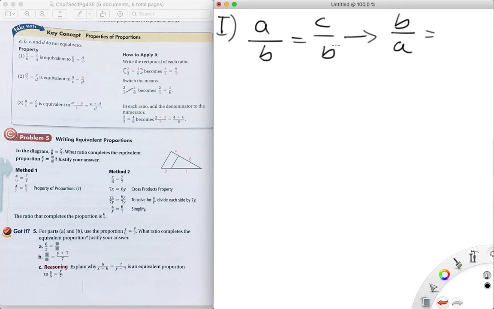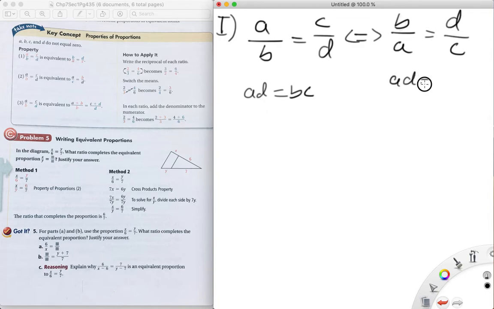D is going to be on top, C is going to be on the bottom. These guys are equivalent expressions. They're the same. If I cross multiply this guy over here, I get AD equals BC. If I cross multiply over here, I get AD equals BC. See, they are the same. So the reciprocals of each one of the ratios are equivalent.